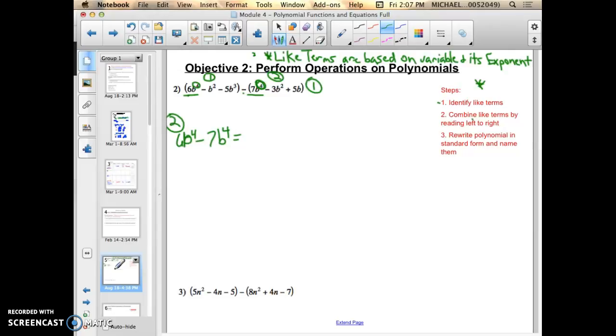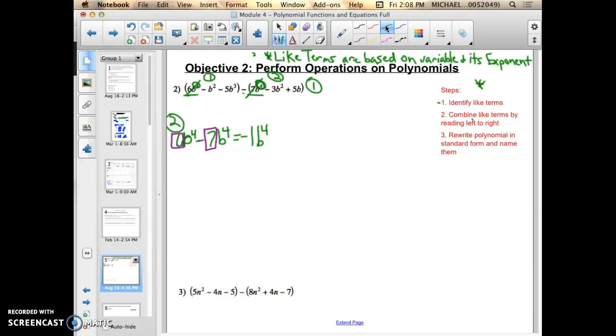When I do this math, I'm only subtracting the coefficients in front of the variables. So I have a 6 minus a 7. That gives me a -1, and then it's b to the 4th for this term. So I have combined my b to the 4th terms, and that means I'm done with them in my original polynomial, so I can go ahead and cross those out.